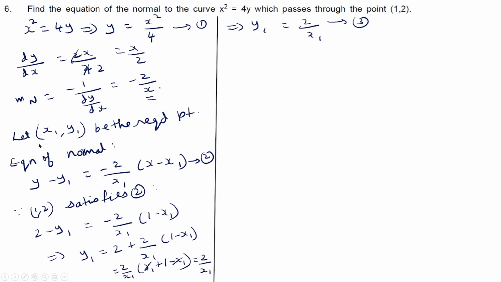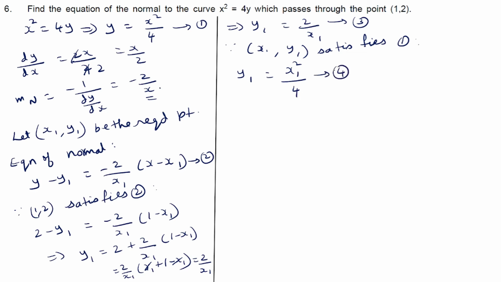Now we need to find the normal to this curve at this point. This point will lie on this curve. So since x1, y1 satisfies 1, we have y1 is equal to x1 square upon 4.